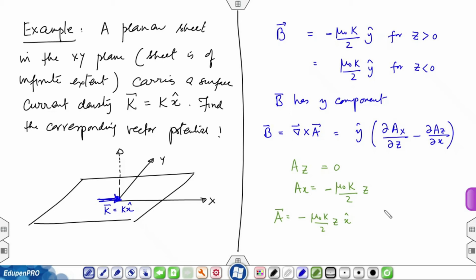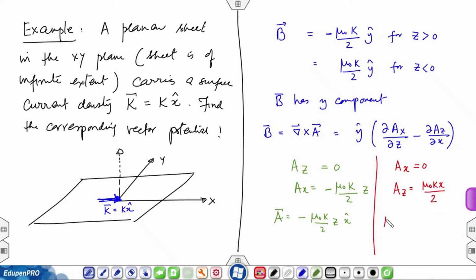The other possibility is that I will take A x to be 0, and therefore, just by inspection, I will take A z to be equal to mu naught k x by 2.